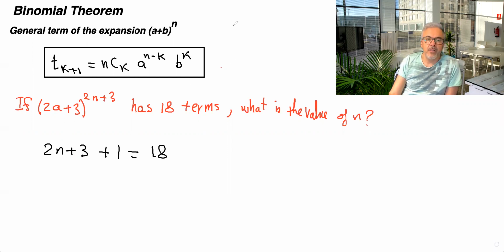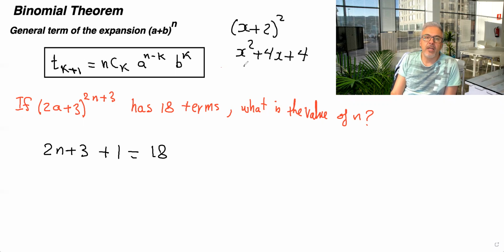Again, if you have (x plus 2) squared and you FOIL it, you end up with x squared plus 4x plus 4. So that's 3 terms, and that's why, if the exponent is 2, then you'll end up with 3 terms. So the number of terms is always the exponent here, n plus 1.